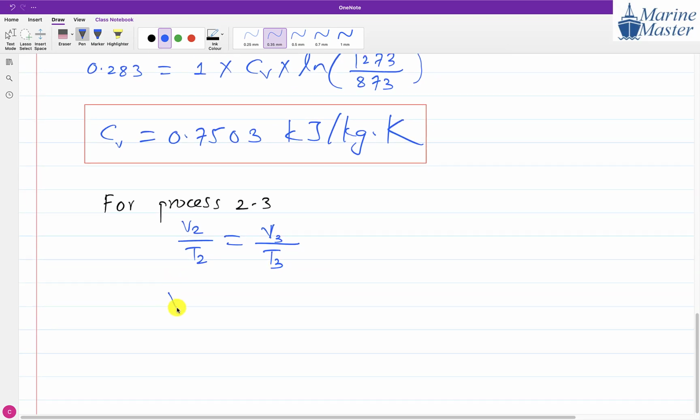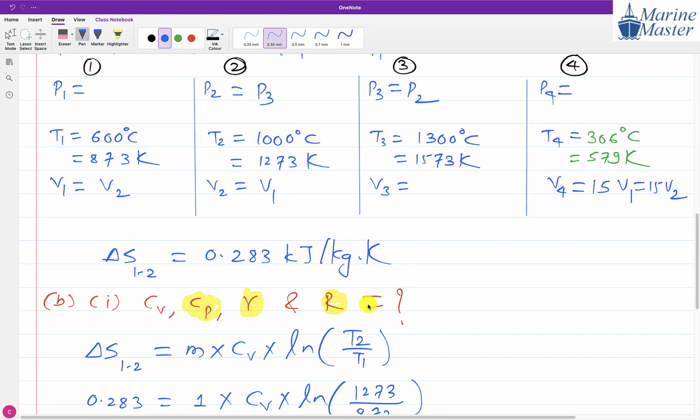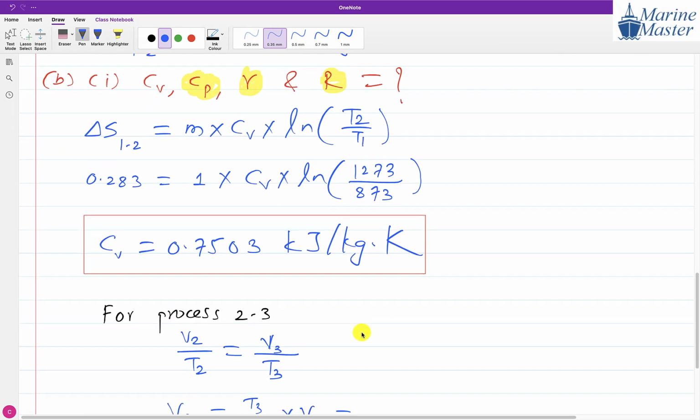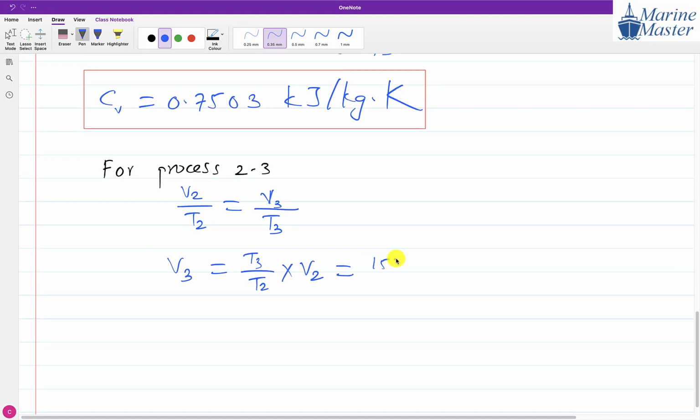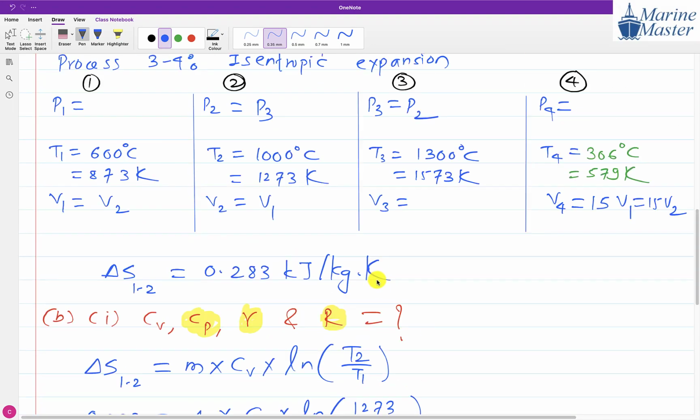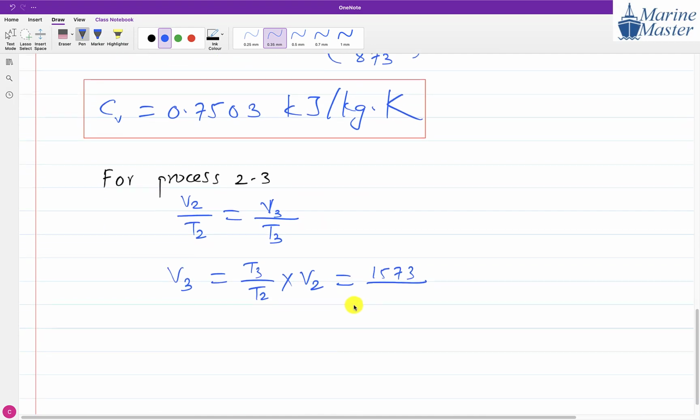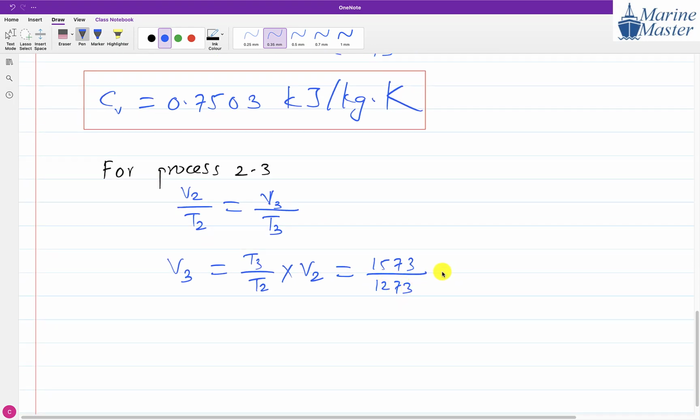And then see the point here, V3 is equal to T3 by T2 into V2. T3 is how much we have? 1573. T2 is 1273, into V2. So we will get V3 in terms of V2, 1573 by 1273.